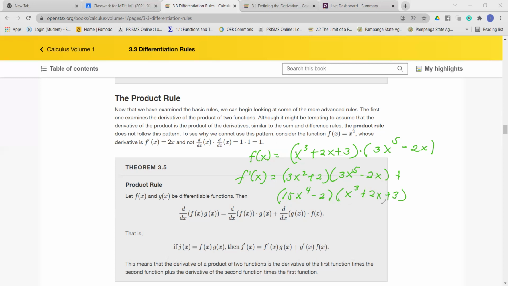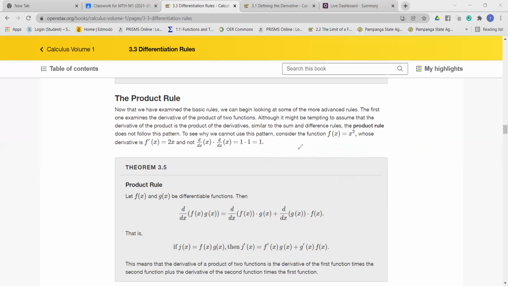So, tapos ka na. But then for some choices, for example, may kayong exam na multiple choice na kailangan expand so that you can see it from one of the choices. Kasi hindi naman ito yung nakalagay sa mga choices ninyo sa multiple choice exam, then you have to expand your function. But if not, if you are not asked to simplify your answer, then there's no need to simplify. You can express your derivative in this form already. I hope it's clear with you, na?